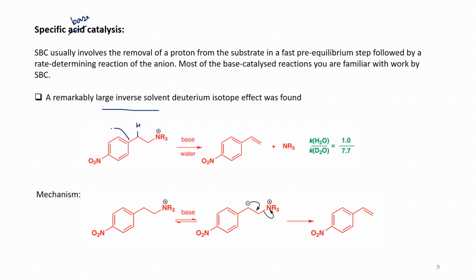As this group is highly electron withdrawing, this hydrogen is highly acidic because of the strong electron withdrawing group.